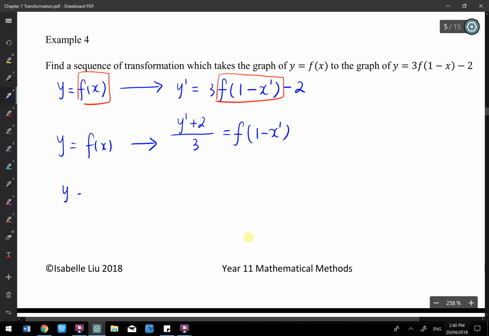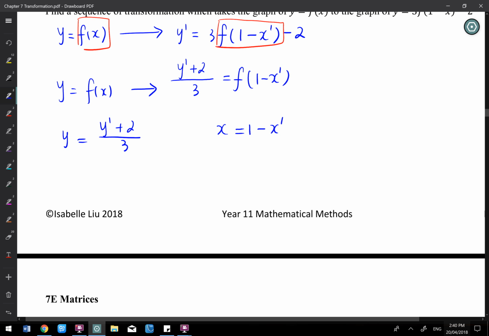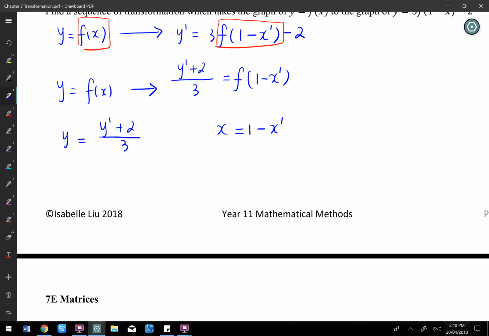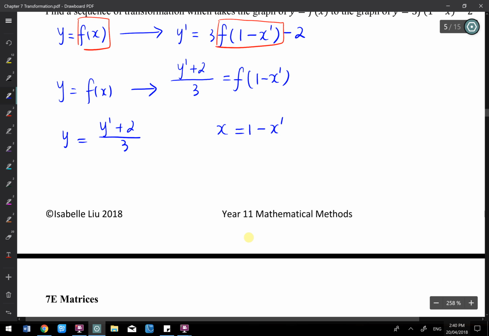Now we can equalize both sides. You don't need to equalize the f, you need to equalize the thing you input. So this one gives me y' equals 3y minus 2, and this one gives me x' equals minus x plus 1.